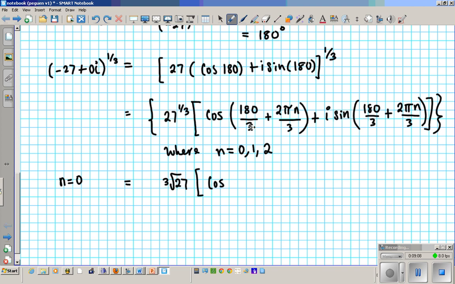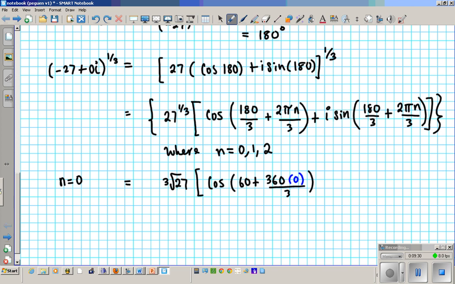What is 180 over 3? 60, right? 60 degrees plus 2 pi. I'd like to write this in degrees. 2 pi is 360, right? So times 360, n is 0, we're going to put the 0 here, over 3.